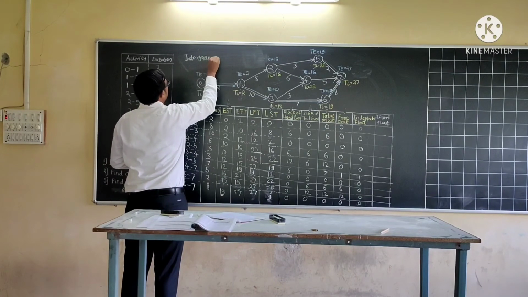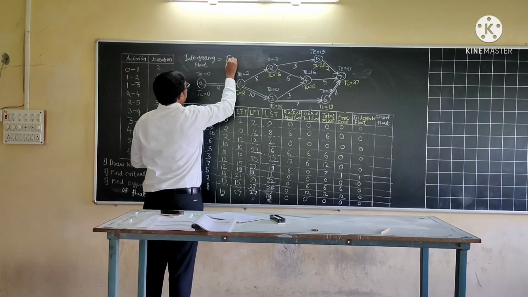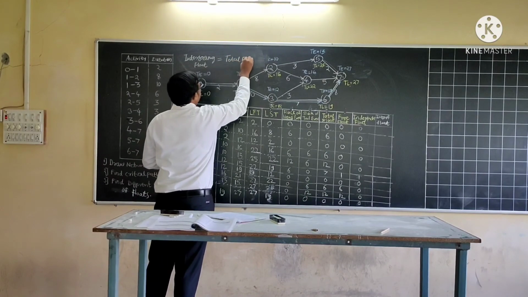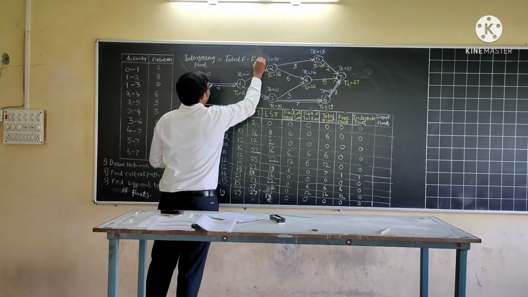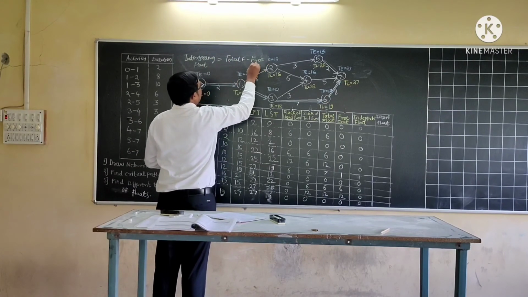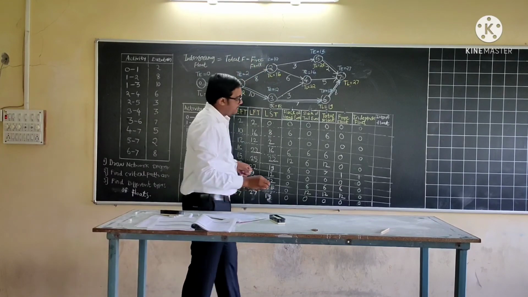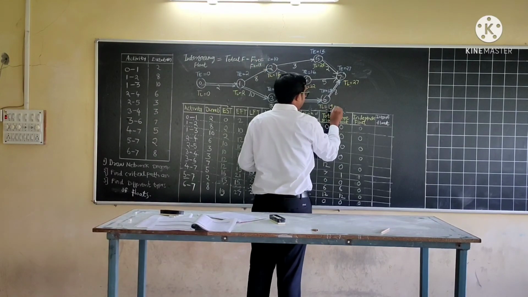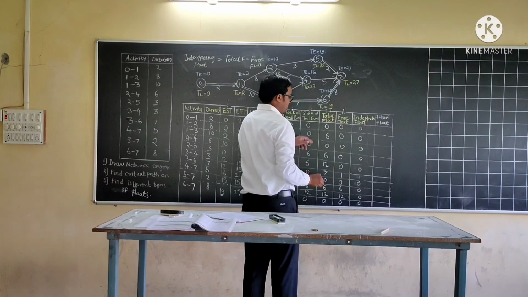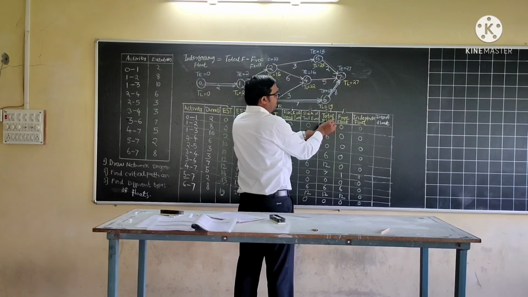So interfering float is equal to total float minus free float. We need to deduct the values of free float from total float.